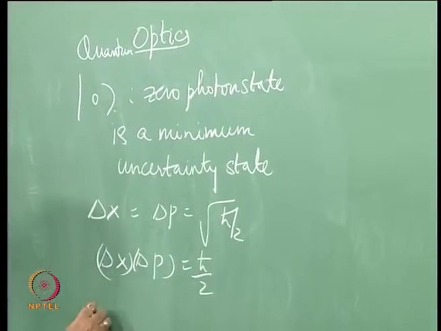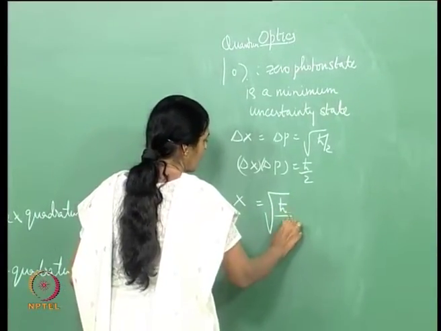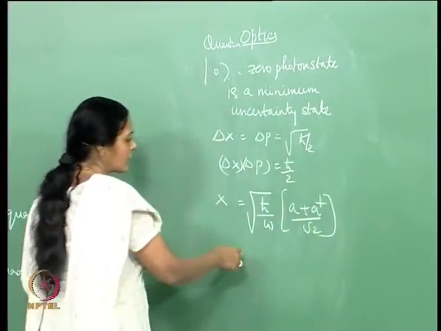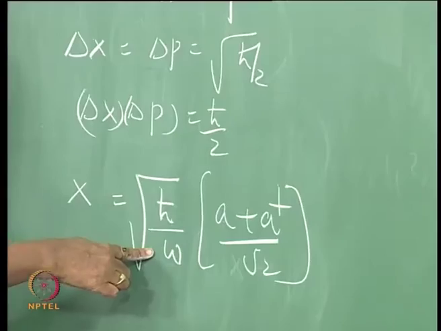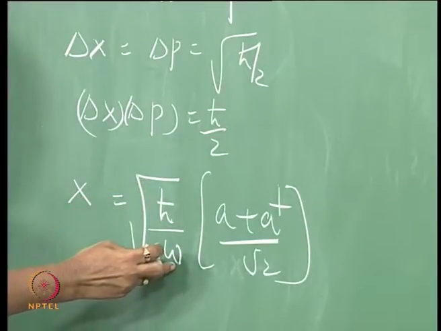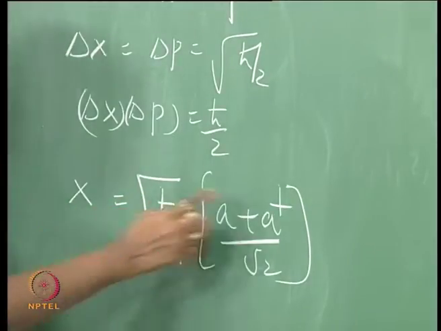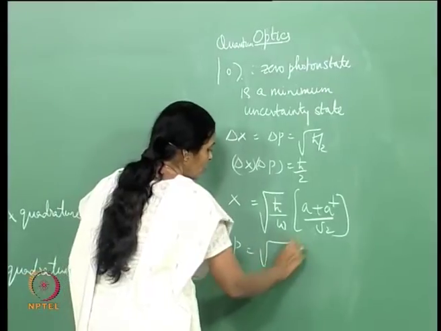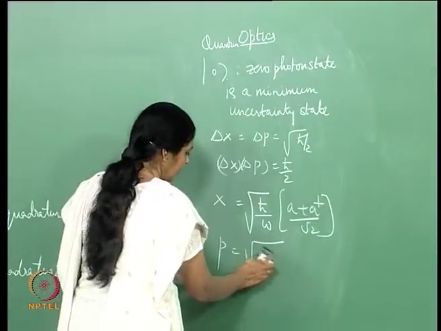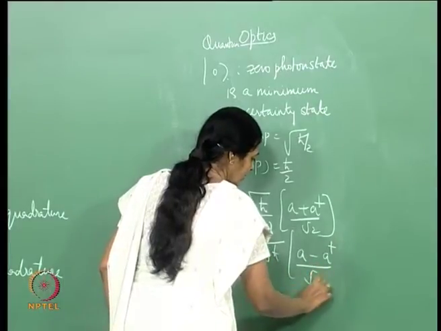You could do this by writing x in terms of a and a dagger. x was root of h cross by omega, a plus a dagger by root 2. In the case of the harmonic oscillator, there was also a mass sitting there, and as I pointed out earlier, root of h cross by m omega has the dimensions of length. Now there is no m, but we do have a root of h cross by omega, that gives us x, and p is root of omega h cross, a minus a dagger by root 2i.